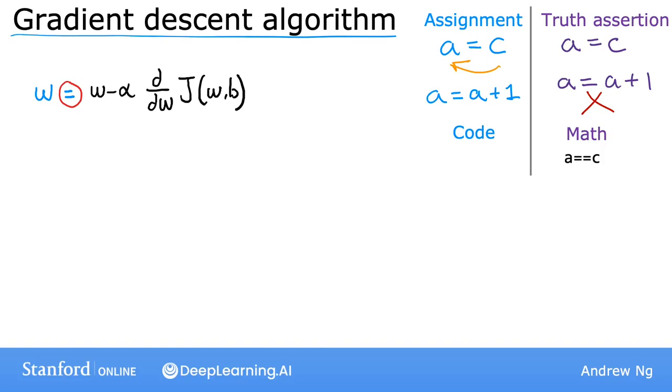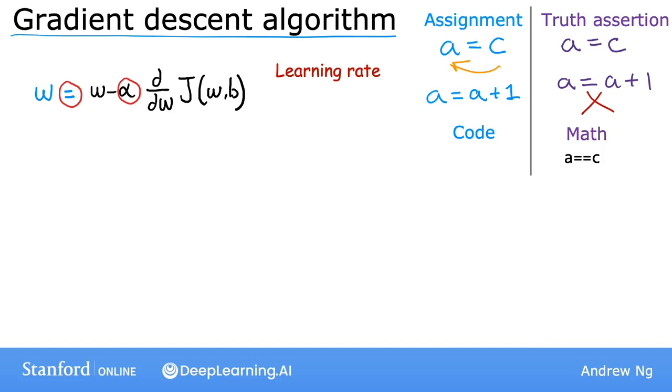Now, let's dive more deeply into what the symbols in this equation mean. The symbol here is the Greek letter alpha, and in this equation, alpha is also called the learning rate. The learning rate is usually a small positive number between 0 and 1, and it might be, say, 0.01.